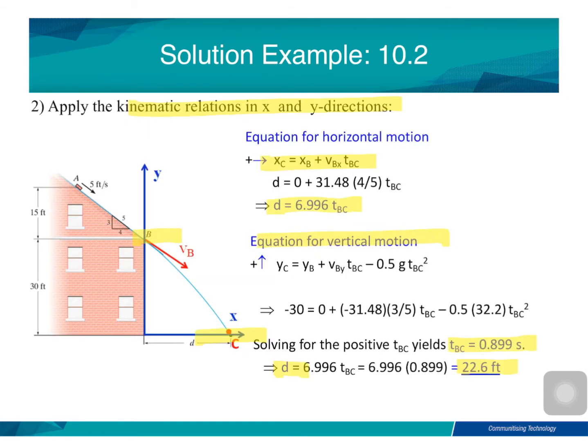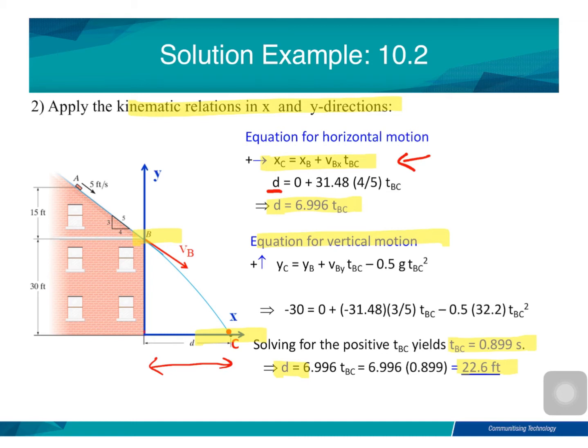Next, we want to calculate what is D. What is D here? So here, you may apply the kinematic relation in the X and Y direction. So you can apply this equation. We want to determine XC here, so we substitute X becomes D here, and then this is XB.